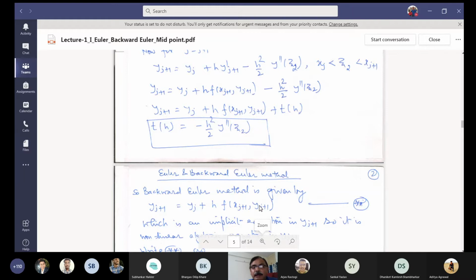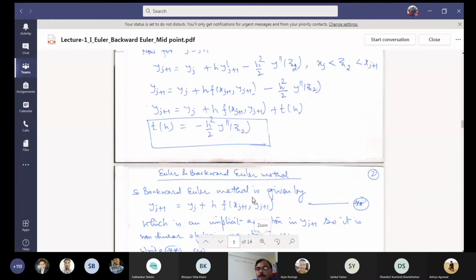You cannot calculate it directly by that. The way you have seen Euler's method is yj plus 1 equal to yj plus h of f of xj, yj. Everything on the right hand side was known. Here yj plus 1 is given in terms of yj plus 1, and that too it is a non-linear one.